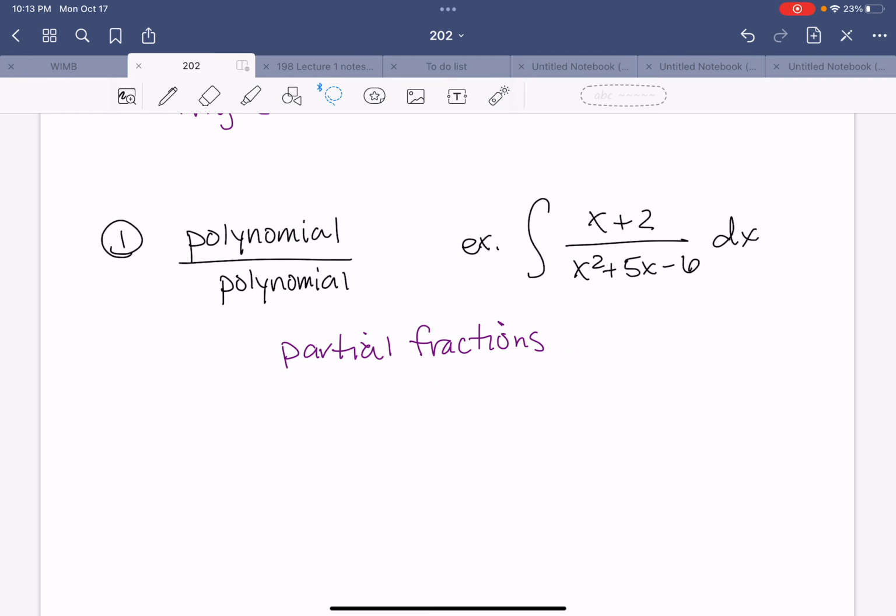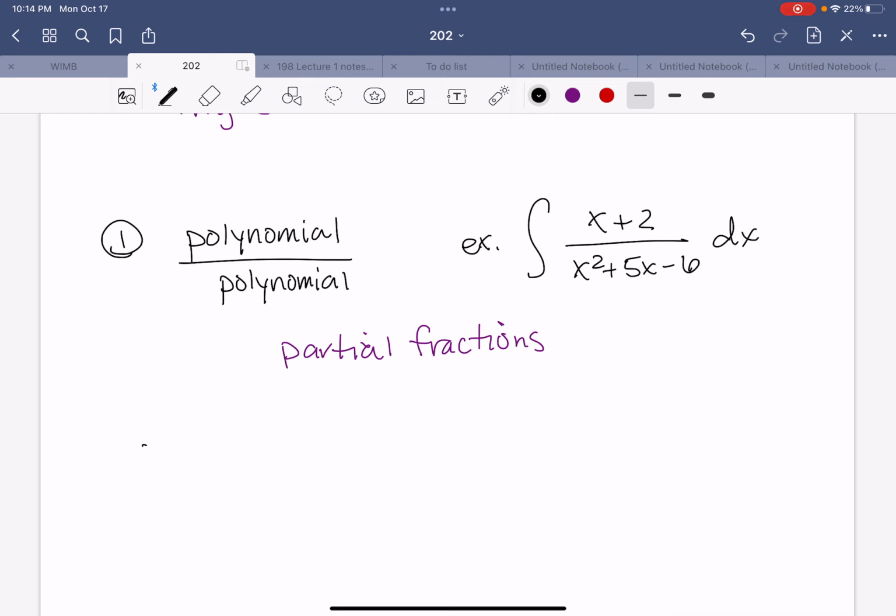You're either going to look at the degree of the numerator and the degree of the denominator. If the degree of the numerator is equal or higher, then you're going to divide through first. Otherwise, you're going to try to factor that. That one goes probably with x plus 6, x minus 1, and you're going to decompose your fractions. So polynomial divided by polynomial is partial fractions. That's the only time we use that one.